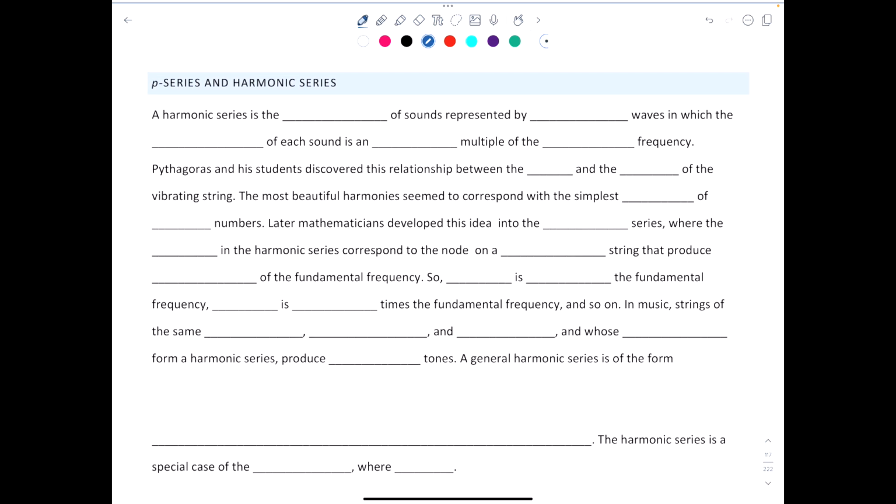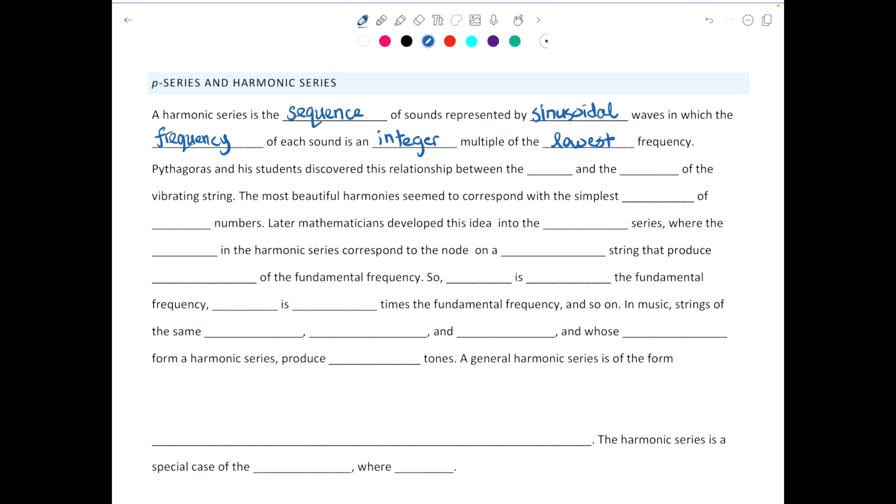A harmonic series is the sequence of sounds represented by sinusoidal waves in which the frequency of each sound is an integer multiple of the lowest frequency.